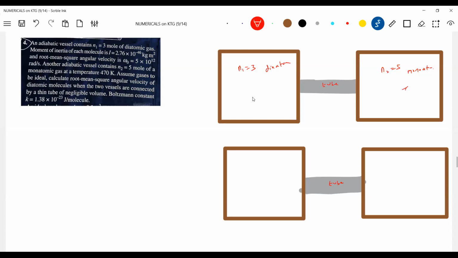Temperature, this is telling T2, 470 Kelvin. We don't know this temperature. Now what will happen? Calculate the root mean square angular velocity of diatomic gas when the two vessels are connected by a thin tube of negligible volume. So there's a valve. Valve closed. Now the valve is opened.